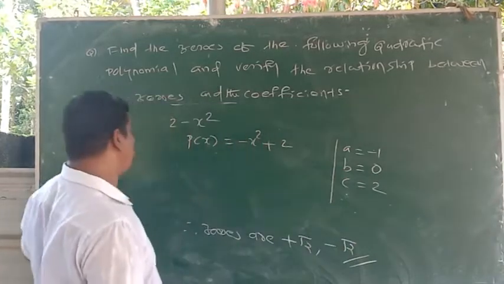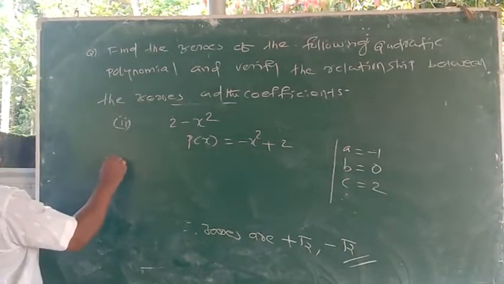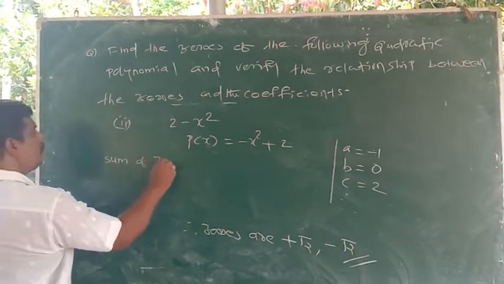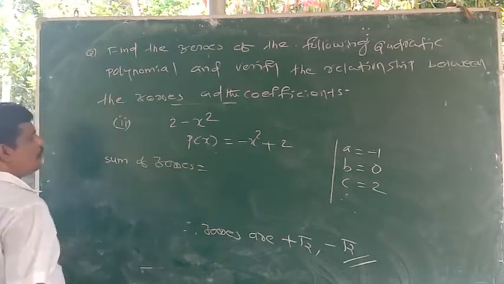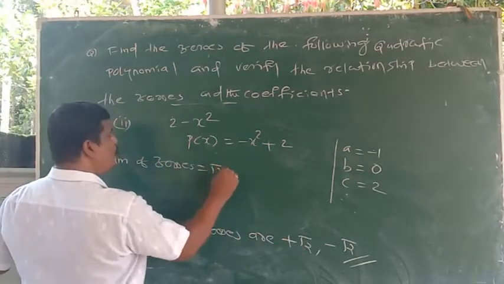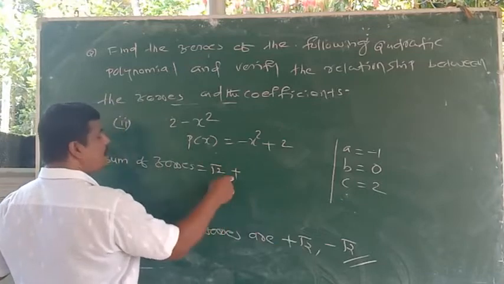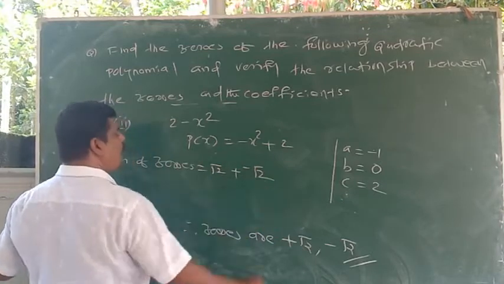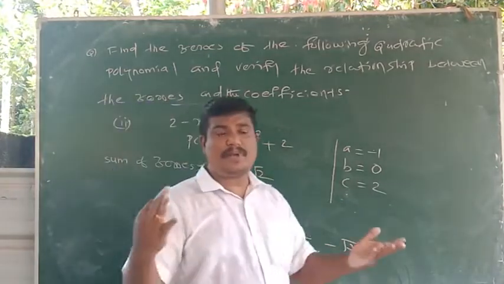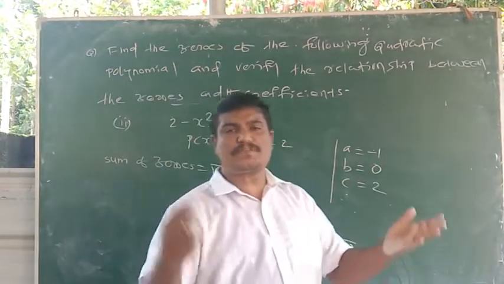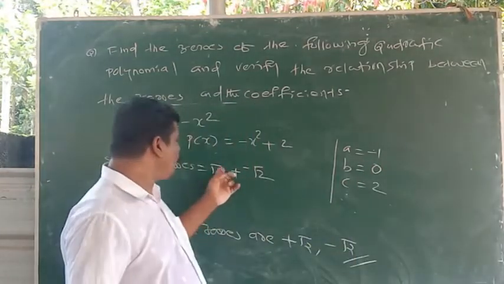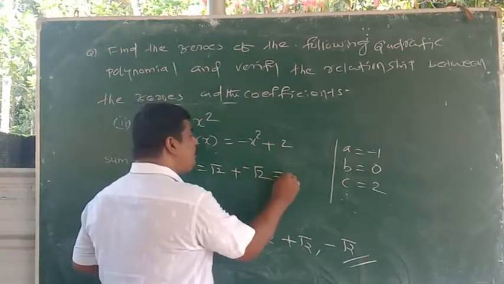First, the sum of zeros. The zeros are plus root 2 and minus root 2. What is plus root 2 plus minus root 2? The value becomes 0.